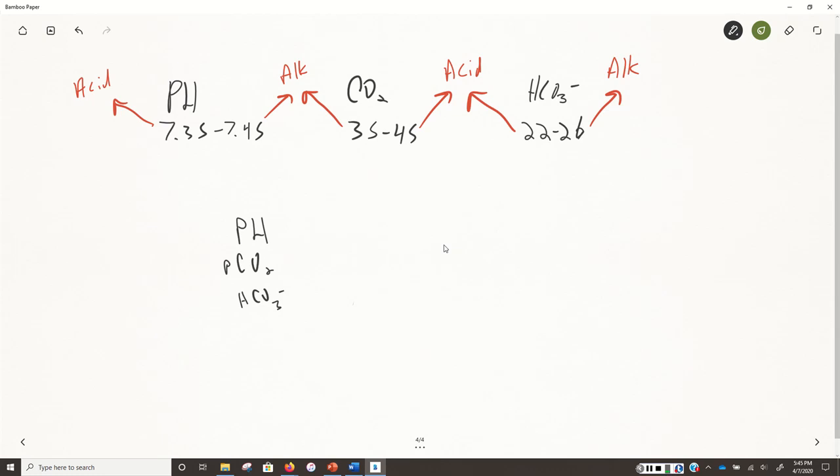And then, for each one of these problems, you will be given a pH, a pCO2, and a bicarb. And from that, you should be able to tell me what type of problem this person has and how their body is responding to it. So we're going to go through several of these together. I think I have 6 or 7 practices that we will work through together.